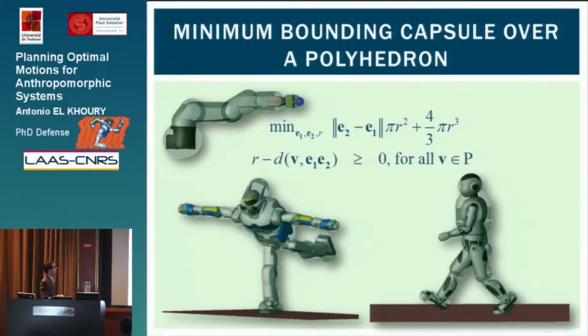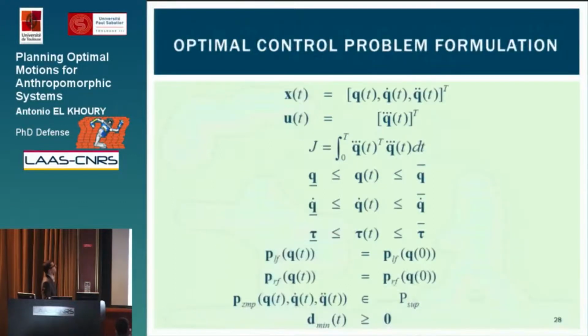Of course, this optimization problem is non-convex, so it can only lead to a local optimum and not a global one. But we have observed that the capsules that we obtained are quite convenient, especially since the robot geometries are roughly cylindrical, so it was more than enough for our application.